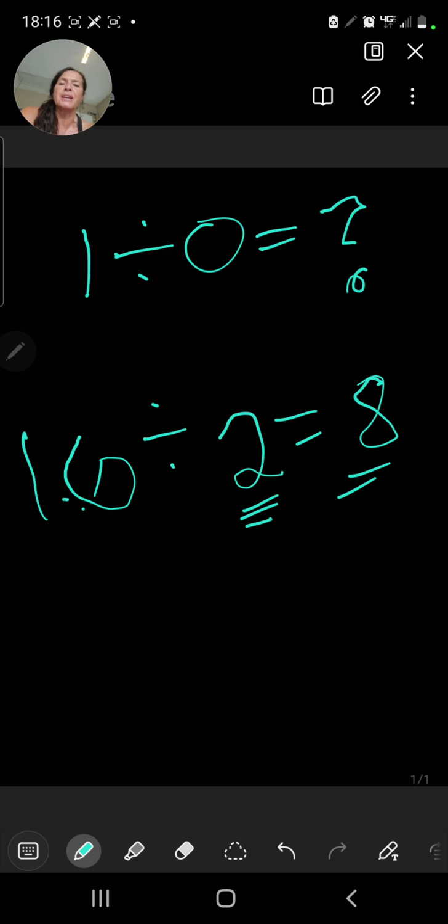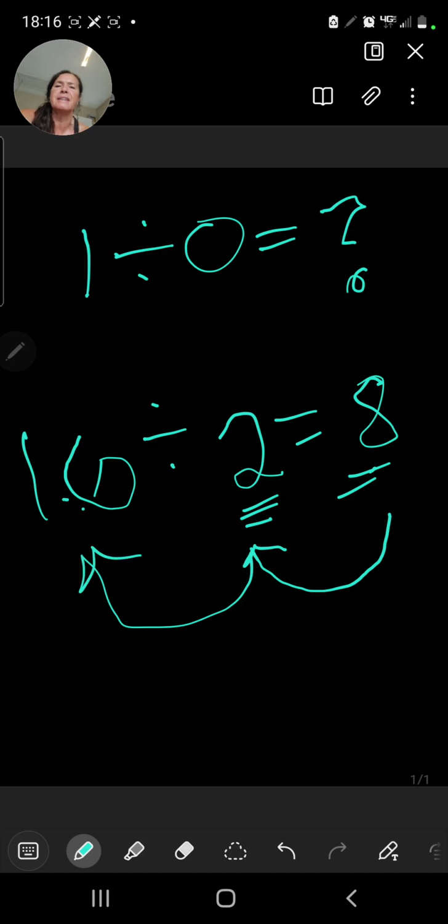And then I can even check it. Does 8 times 2 equal 16? And the answer is yes. So if I said 1 divided by 0, that means 0 times what number equals 1? Well, 0 times everything is going to be 0. So 0 times what number equals 1? That's why that's undefined.